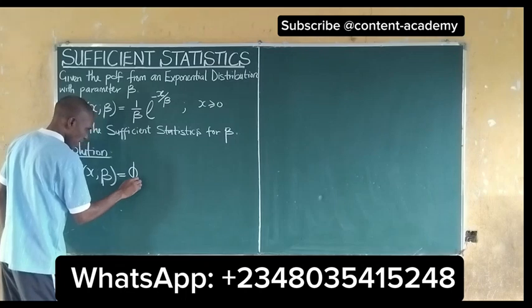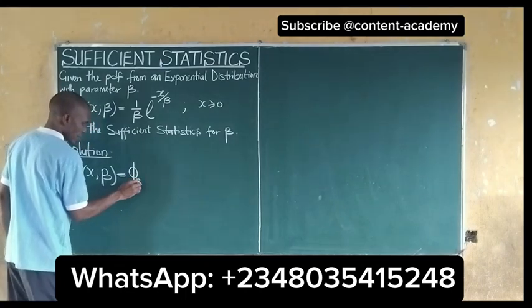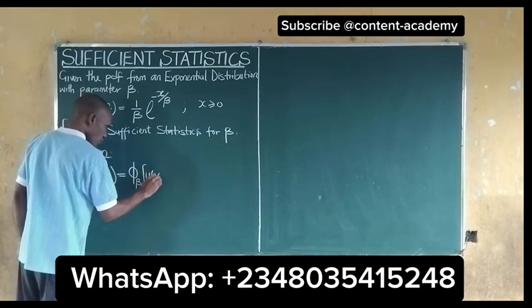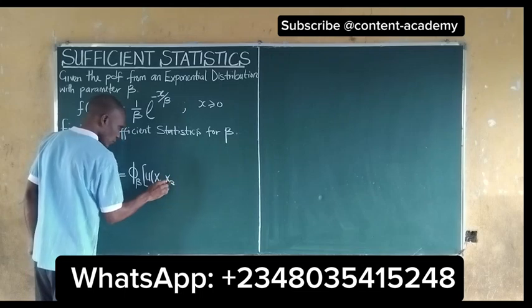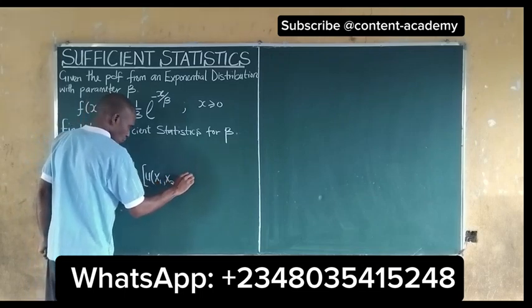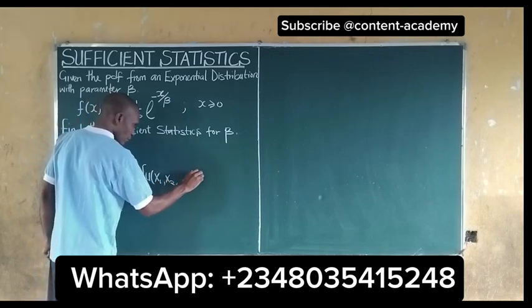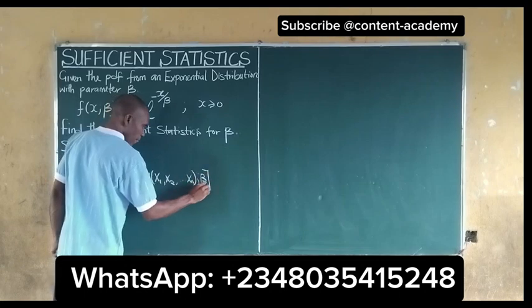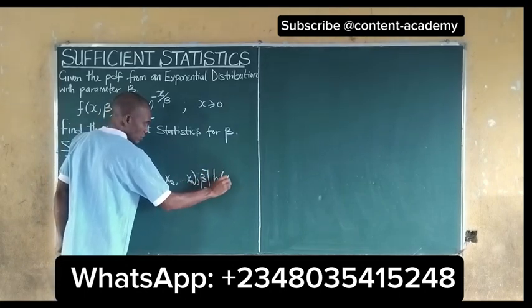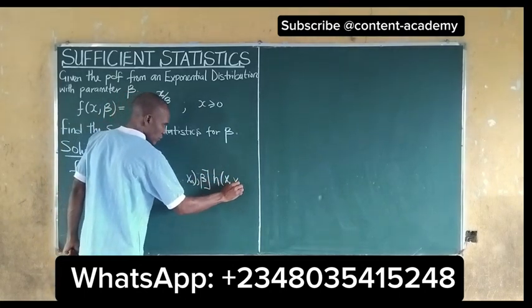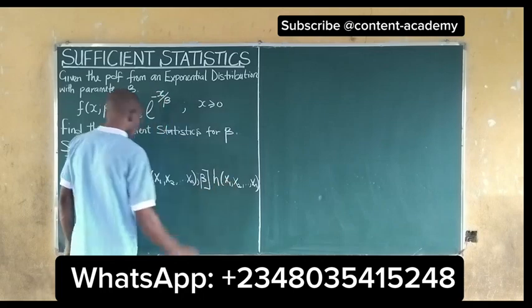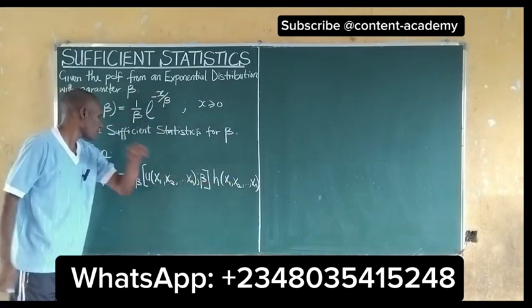The first one is phi of beta into u of x1, x2 to xn, because this will depend on beta, and h of x1, x2 to xn. This does not depend on beta.